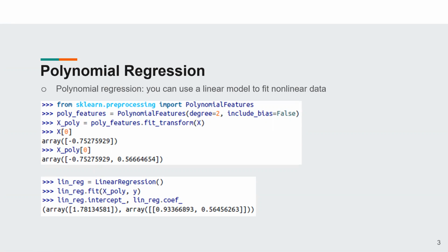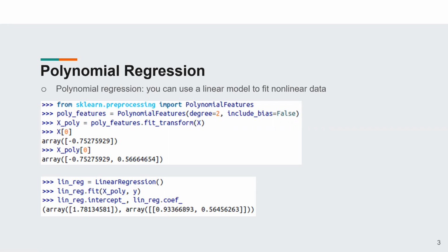We're trying to generate x squared. If we have multiple dimension features, x1, x2, x3, then we're trying to generate x1 squared, x2 squared, x3 squared, and also interaction terms of x1 times x2, x1 times x3, x2 times x3.